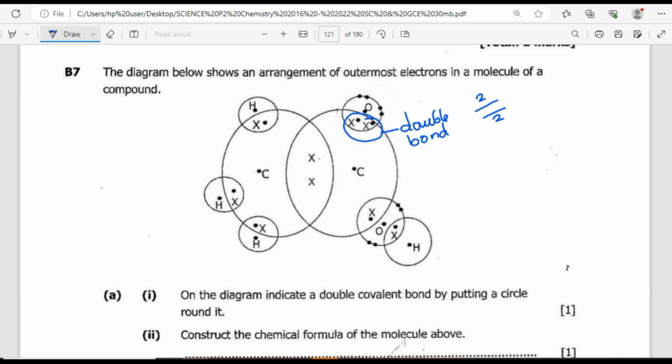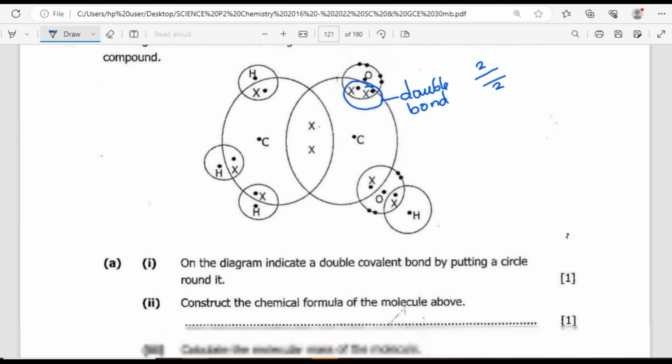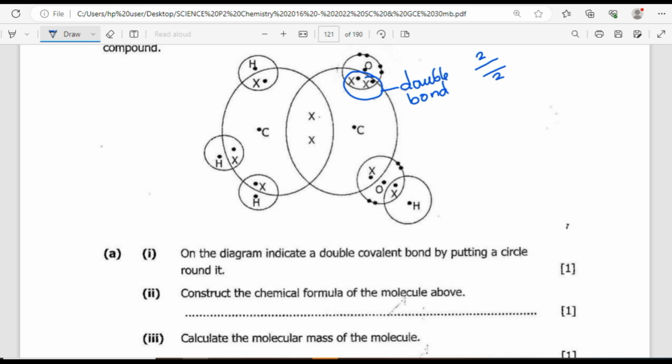Then construct the chemical formula of the molecule above. We'll first begin with the carbons. How many carbons? You can see we have 1, 2, so C2. Then we'll look at these 3 hydrogens.